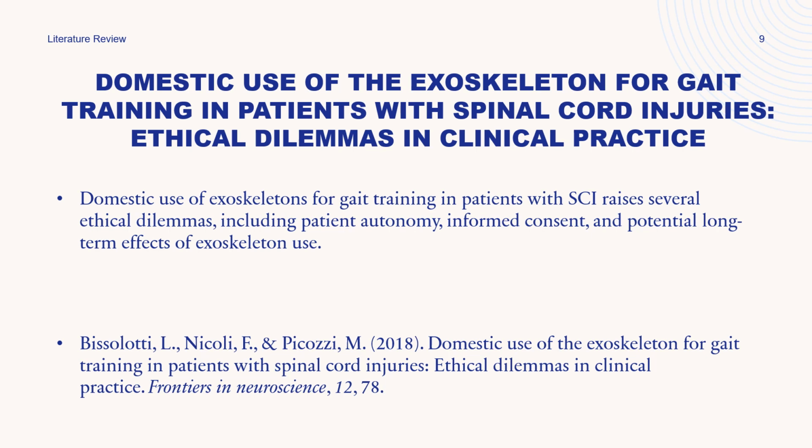This shows that the authors consider patient autonomy and informed consent a significant ethical concern in the use of exoskeletons for gait training in patients with SCI, spinal cord injuries. Another concern is the potential long-term effects of exoskeleton use, including changes in the patient's body structure and the impact on social and psychological well-being.